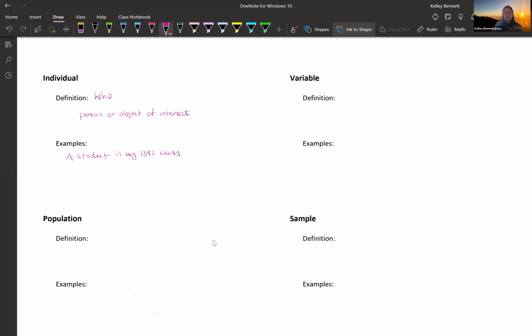And then the variable is going to be the what. So what are we measuring about our individual?